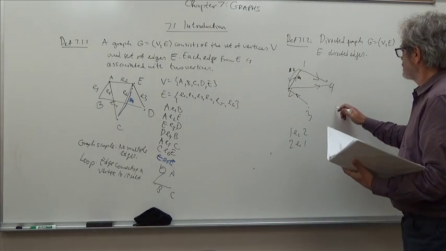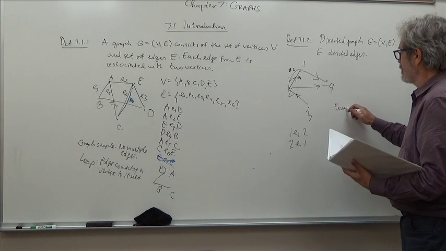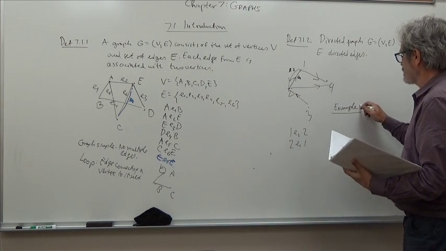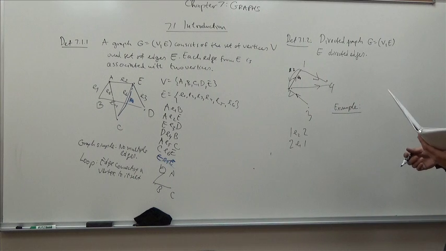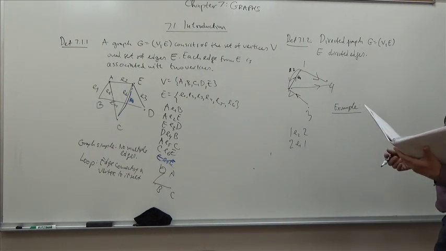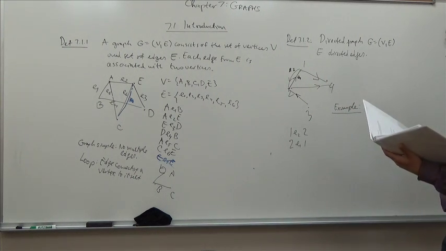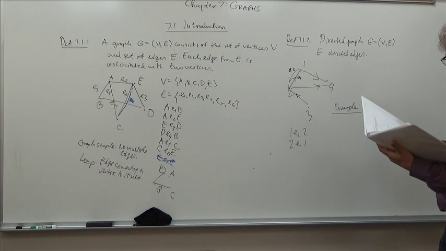And then example 7.1.2, just showing you how important graphs are in everyday life, in computer science, for recording information properly. Here it says we represent the airports that an airline serves as vertices.